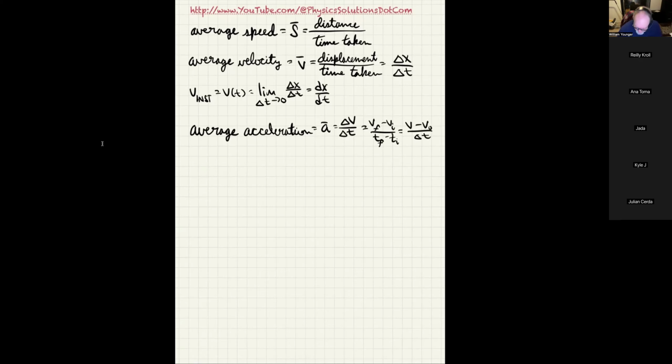And you might guess, based on what you've seen so far, that the instantaneous acceleration is equal to what we would call a of t. In this case, if we take the limit as delta t approaches zero of delta v over delta t, we end up getting dv dt, which also happens to be d2x over dt squared.